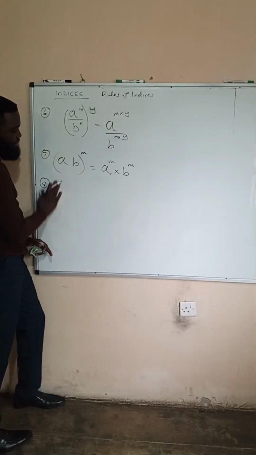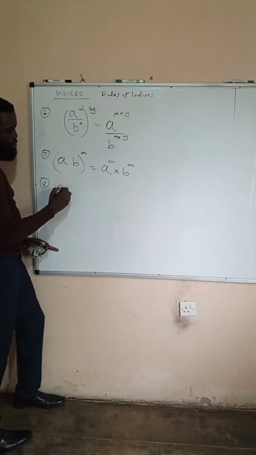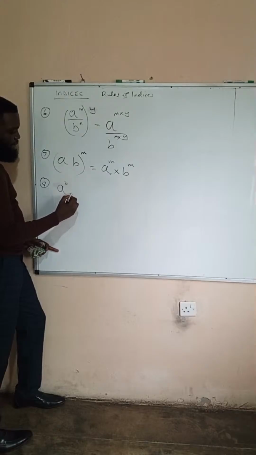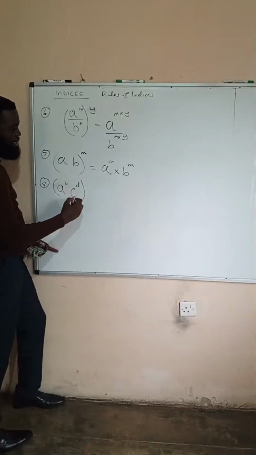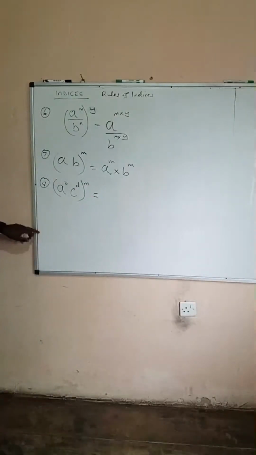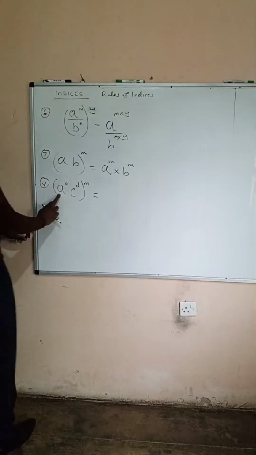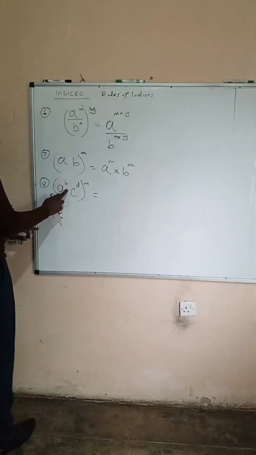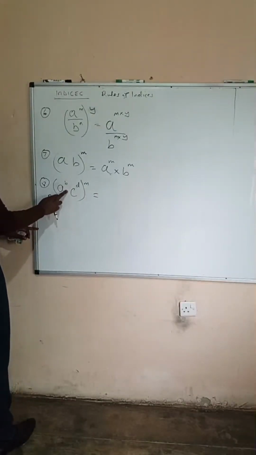For example, if I say a to the power b, and then c to the power d, and I put them in brackets like this, and then put m outside. If I write the numbers like this, a to the power b times c to the power d, and if I don't put anything, it means times.